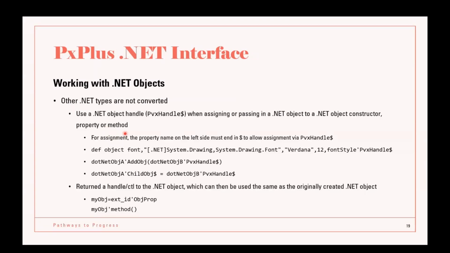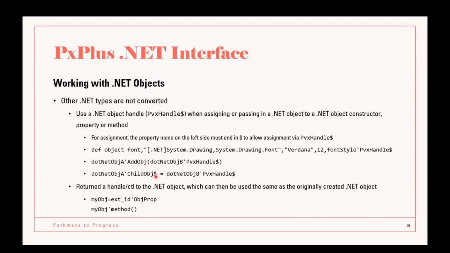It's important to note when you're doing an assignment. Normally an object is a numeric variable, and the contents of that numeric variable is just the handle to the object. But when you are assigning for a .NET object, you want to actually add a $ sign to the end of the left side of the assignment, like down here, because we are using the PVX handle $ extended property, which is a string type.